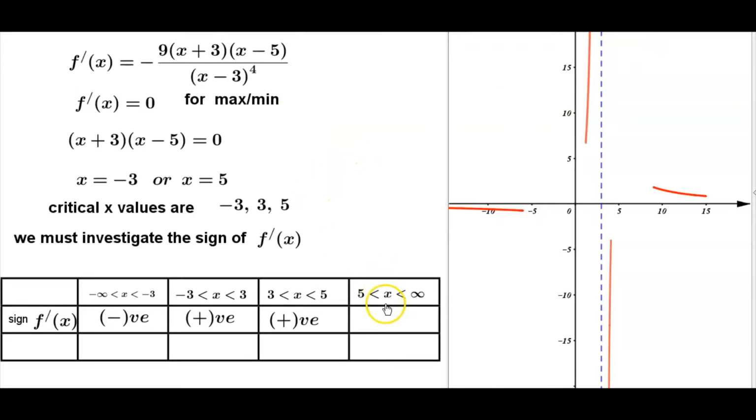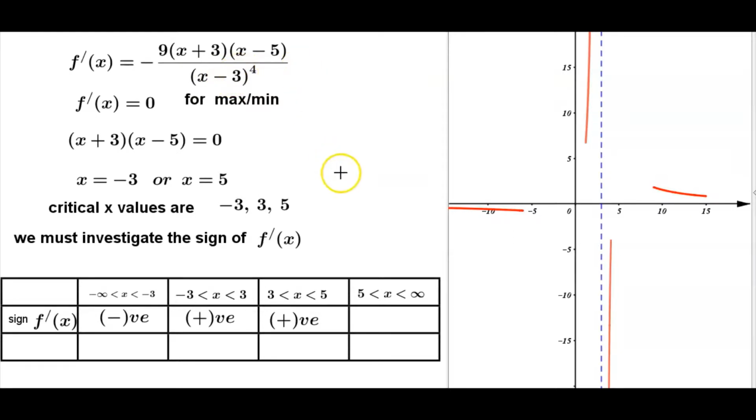And now here we want to find one of the values between 5 and infinity, for example 10. So put the 10 here: -9 into 10 plus 3, 13, into 10 minus 5, 5, and in the bottom part 10 minus 3 is 7, 7 to the power 4, so positive.